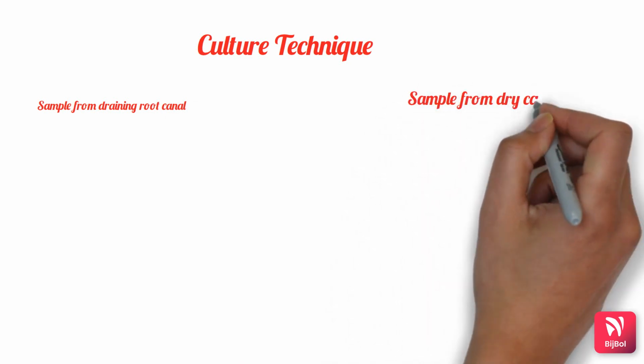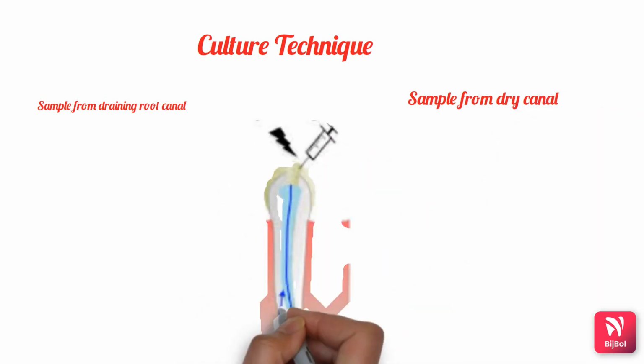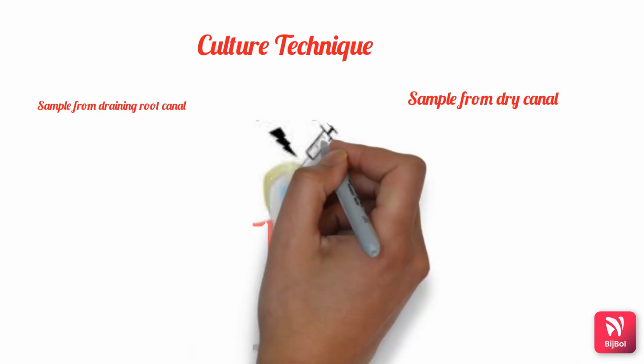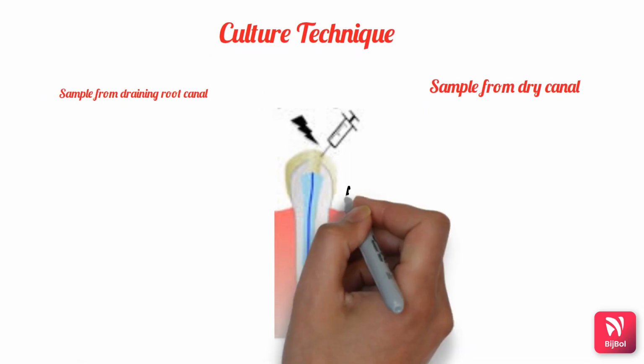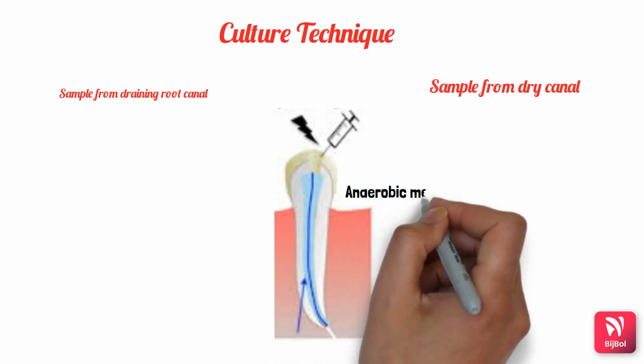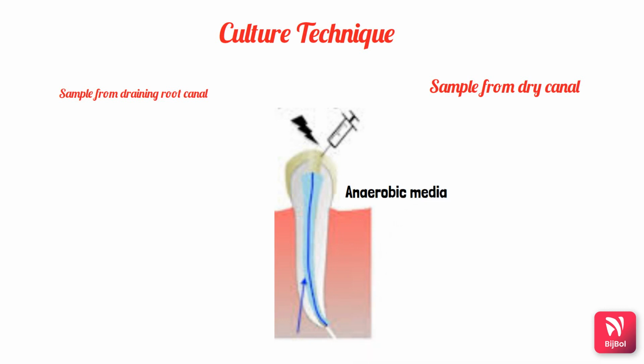For the sample from a draining root canal, if there is drainage, collect the sample using a sterile needle and syringe or sterile absorbent points. Place the aspirate in anaerobic transport media. For a sample from a dry canal, here also use a sterile needle or place transport media into the canal, and that's how we aspirate it into an anaerobic media.